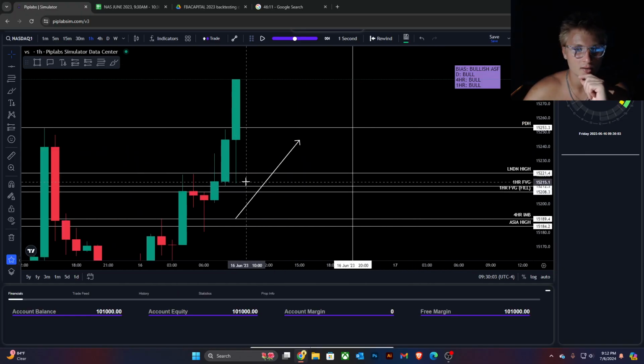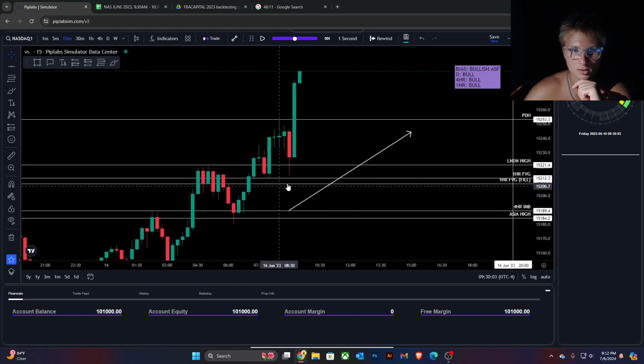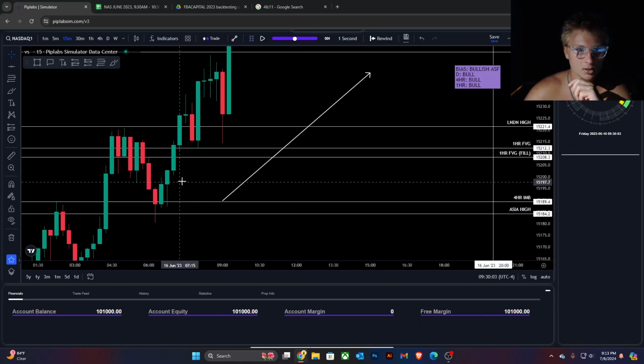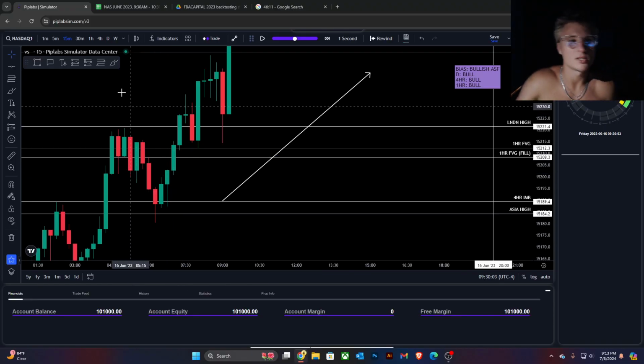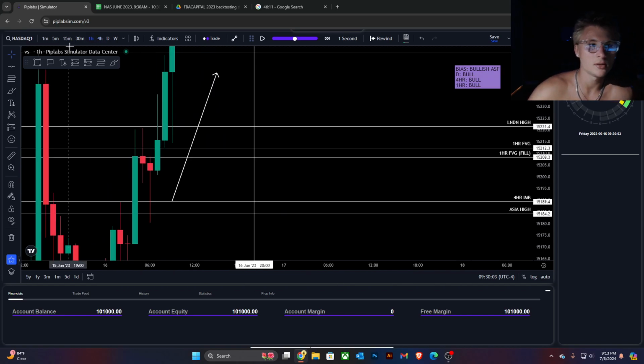I mean, we do have a potential entry here off this 1 hour gap, but let's go on a lower time frame and see what that is. Yeah, so I don't really like that because there's a 15-minute liquidity void, which is this 4 hour imbalance that still needs to get filled.